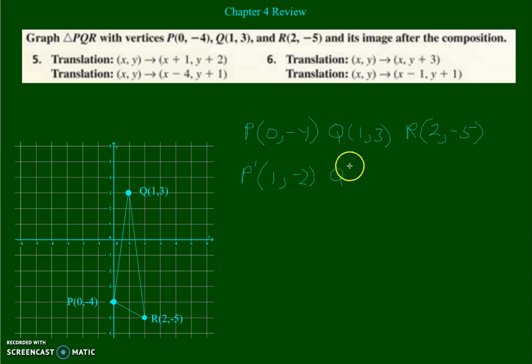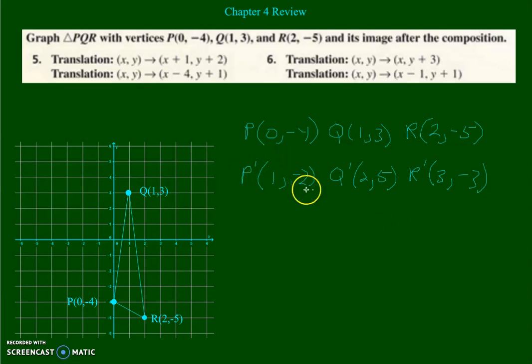Q prime, we're adding 1 in the x, so that's 1 + 1 is 2, and 2 in the y, 3 + 2, 5. And then the R prime. 2 + 1 is 3, -5 + 2 is -3.